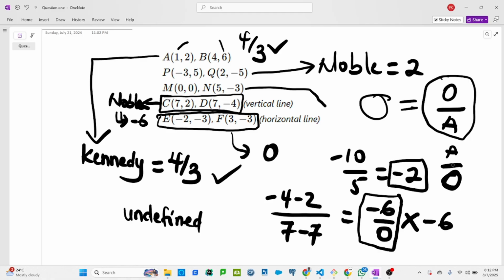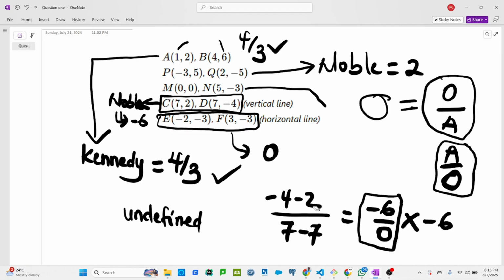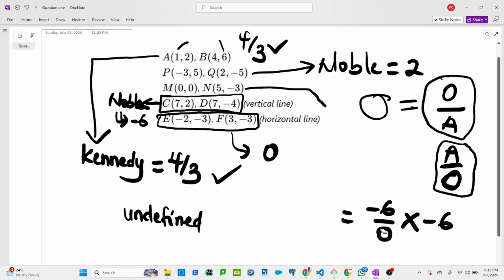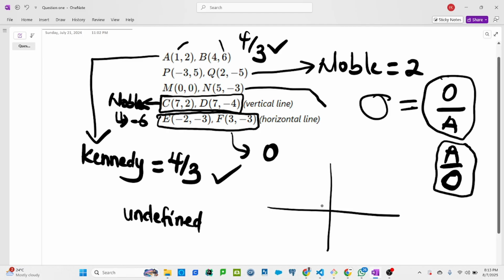Yes, it's true, sir. I wanted to add some knowledge to what you were saying. When the line is drawn as a vertical line, or the line is parallel to the y-axis, the gradient is always undefined.